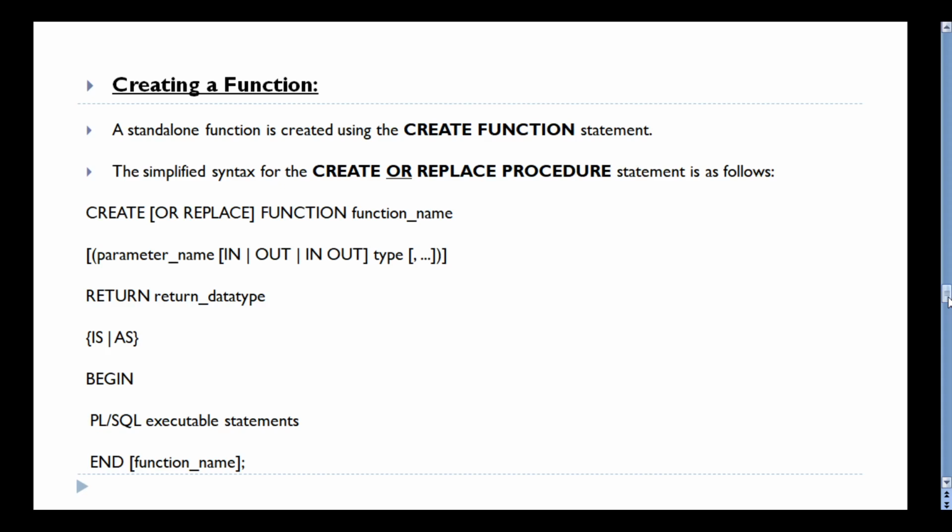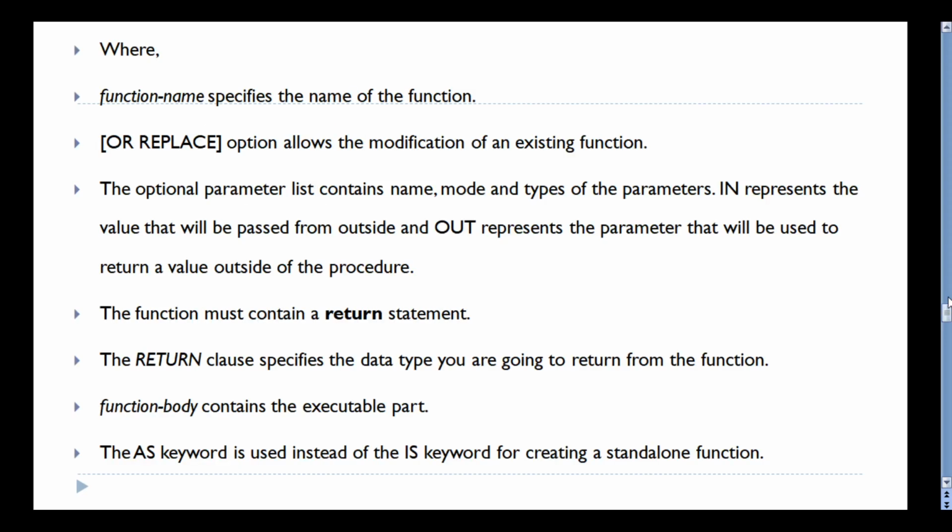Coming to the where part: function name specifies the name of the function. The OR REPLACE option allows the modification of an existing function. That means if a function exists with the same name already, that will be dropped and created again with the same name with the new structure. The optional parameter list contains the name, mode and type of parameters.